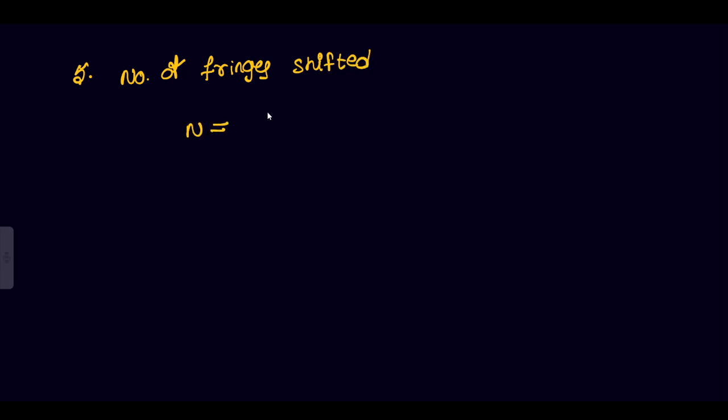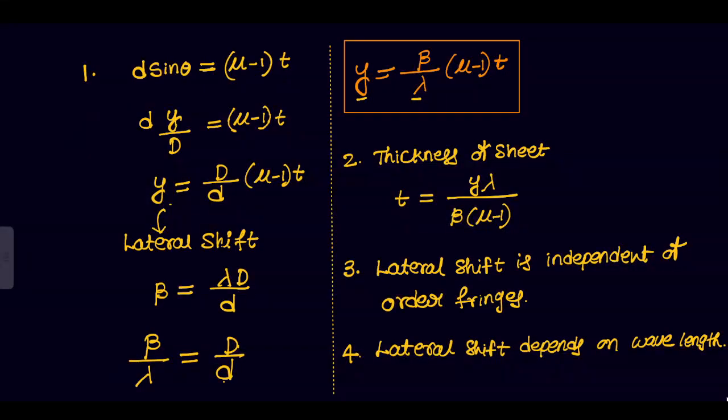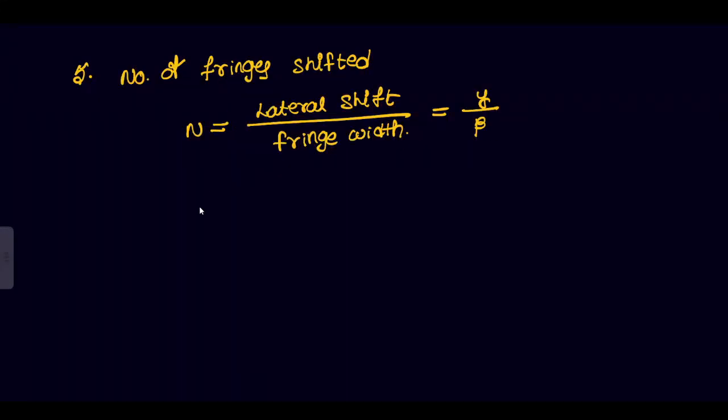That is given by n equal to lateral shift by fringe width, that is y by beta. This is the number of fringes that have shifted. Bringing beta to this side, the number of fringes shifted becomes mu minus 1 into t by lambda.